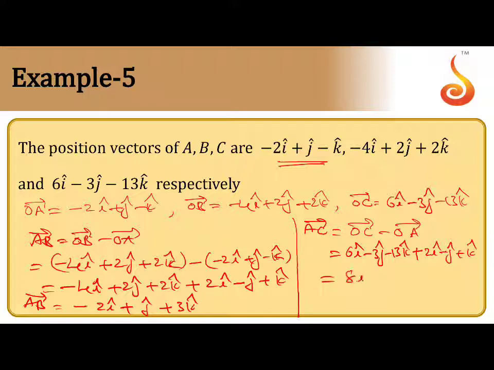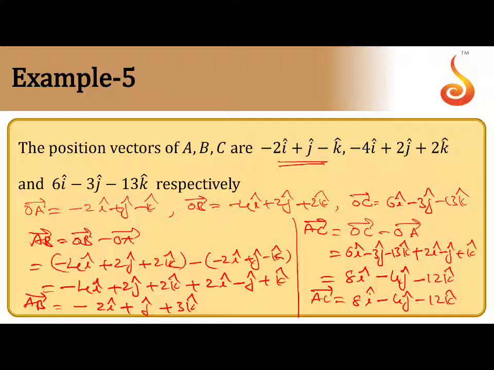So this is 8i - 4j - 12k. That means you got the AC vector as 8i - 4j - 12k.